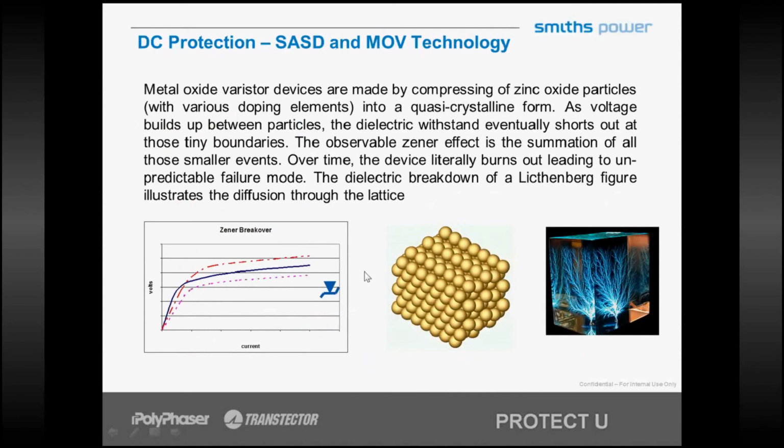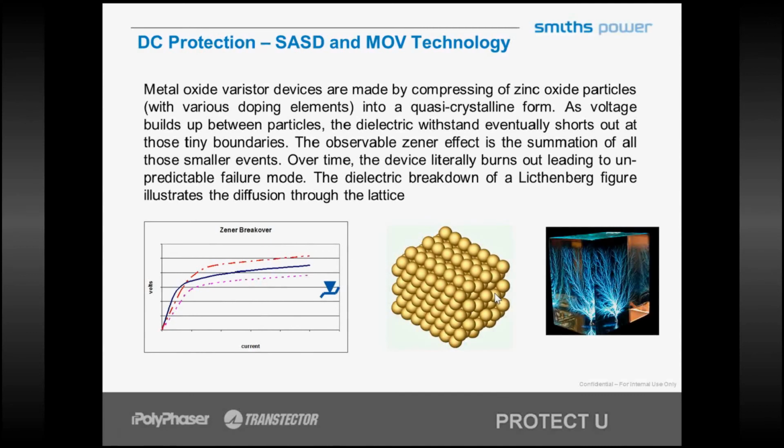We employ silicon avalanche and metal oxide varistor technology in our protectors. And it's important to understand the strengths and the weaknesses of that technology. Metal oxide varistors are made from zinc oxide particles compressed into a very amorphic crystal of a sort.